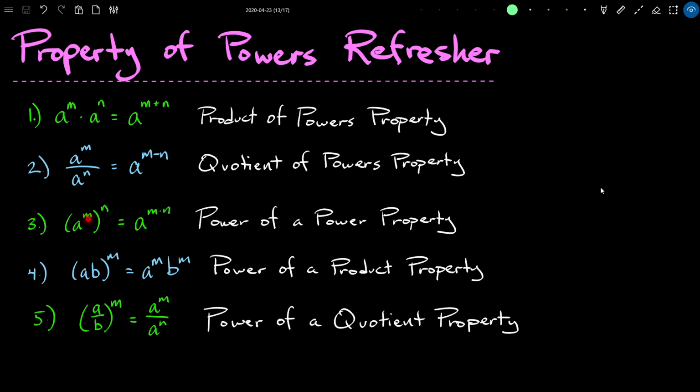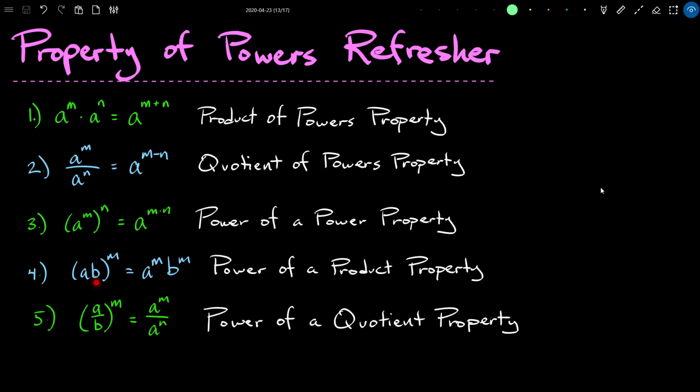If you have a power to a power, then you actually multiply the two powers together. If you have a power on multiple things multiplied, the key part here is that there cannot be any addition or subtraction inside.